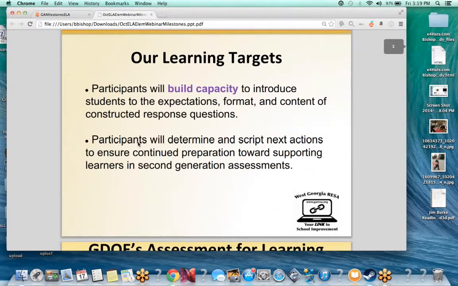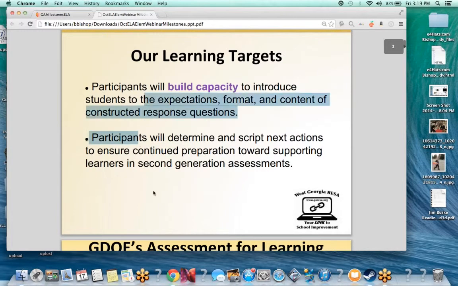Our whole purpose in this short webinar is to build our capacity to introduce students to these new expectations, new format, and new content of constructed response questions. Hopefully each of us will be able to think on a personal level about our next steps, our next scripted actions, so to speak, to ensure that we continue preparing students and supporting learners in these second generation assessments.